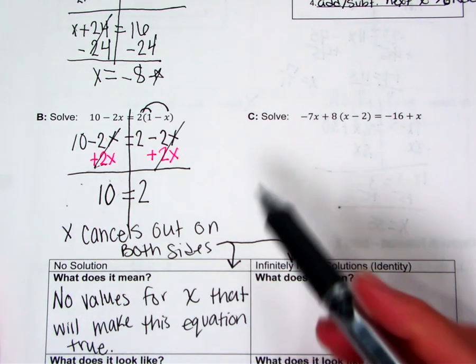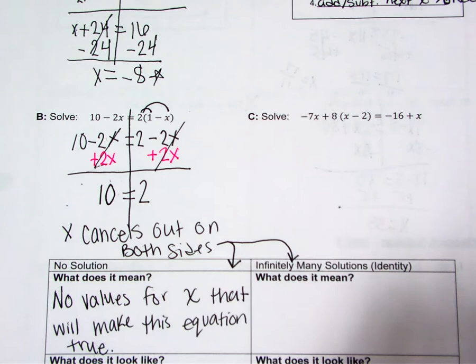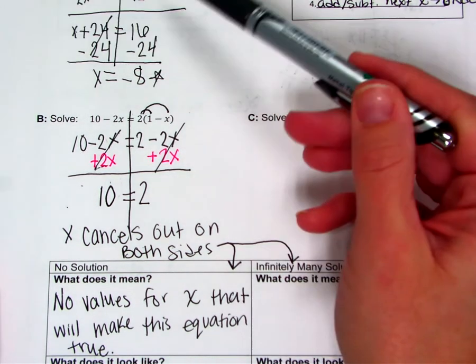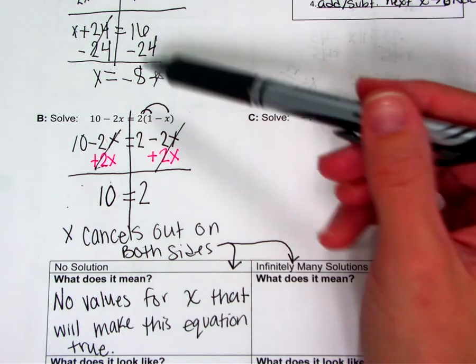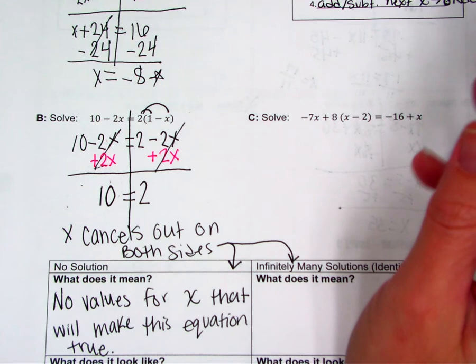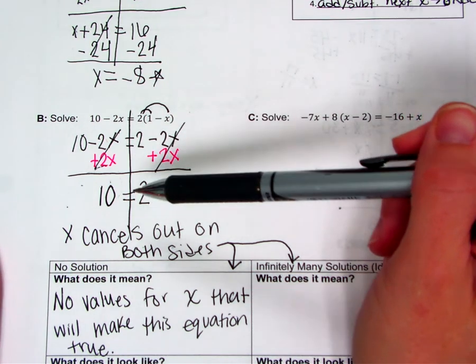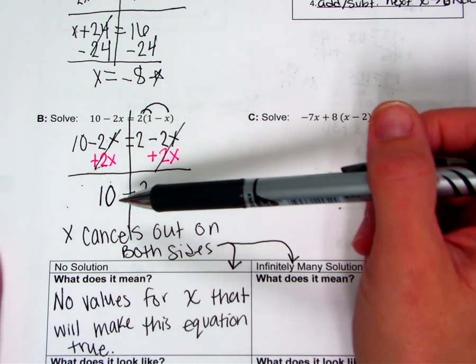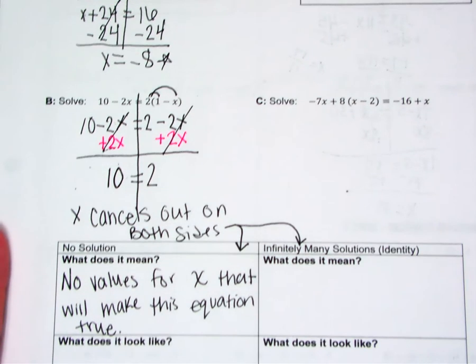Not a single one. If I put x equals 1 into this equation, it's not going to be true. If you put -8 back up into the original equation here, that would be a true statement. What you get is awesome, perfect, true. It works out. Here, this is telling us that there is no possible answer that would work for this equation.